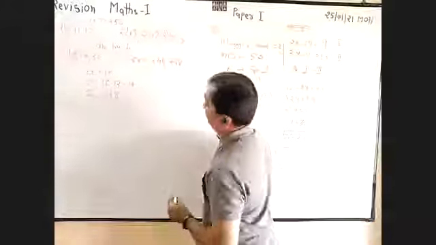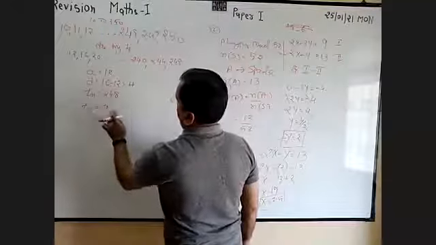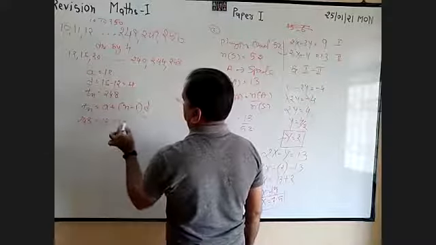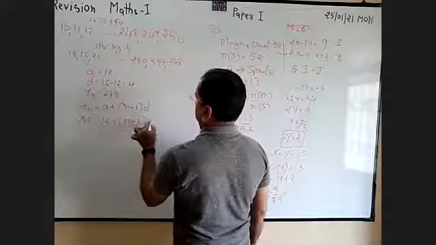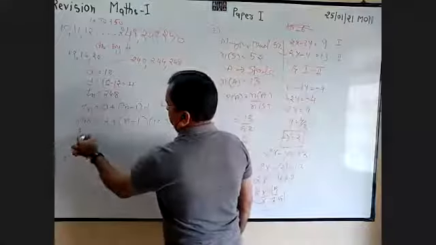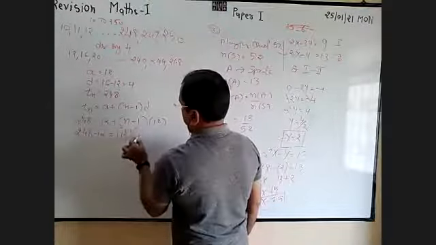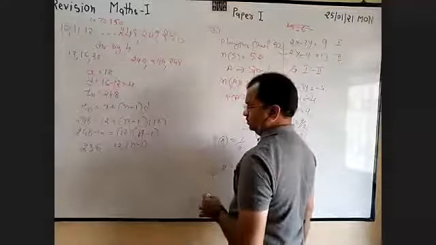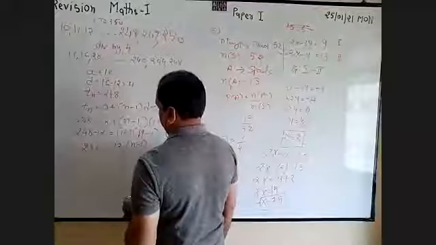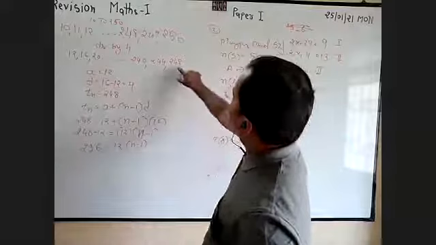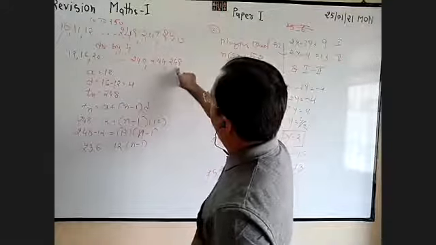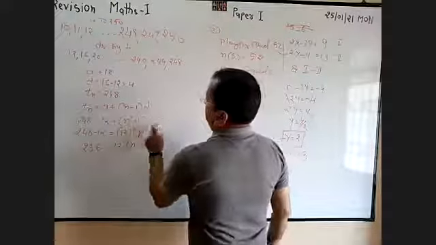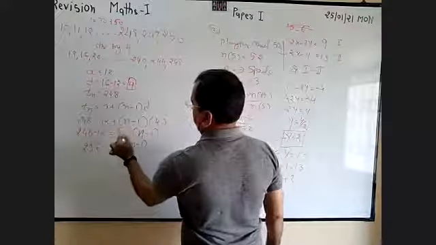No need to open the bracket. 248 minus 12 times n minus 1... 236 by 4.